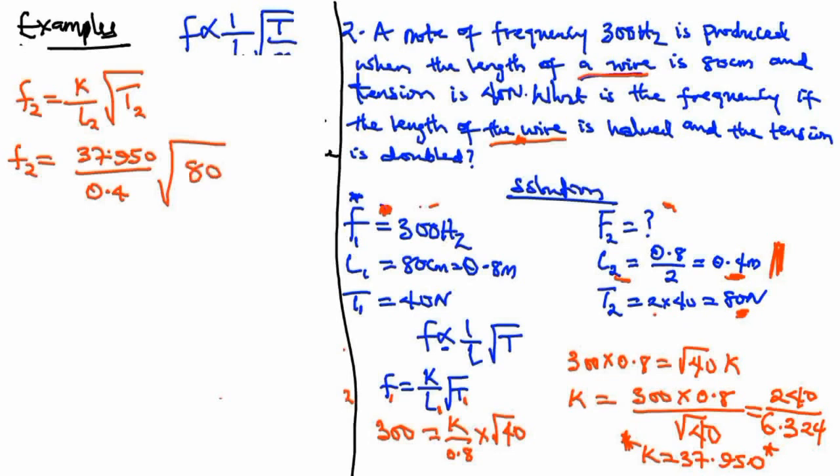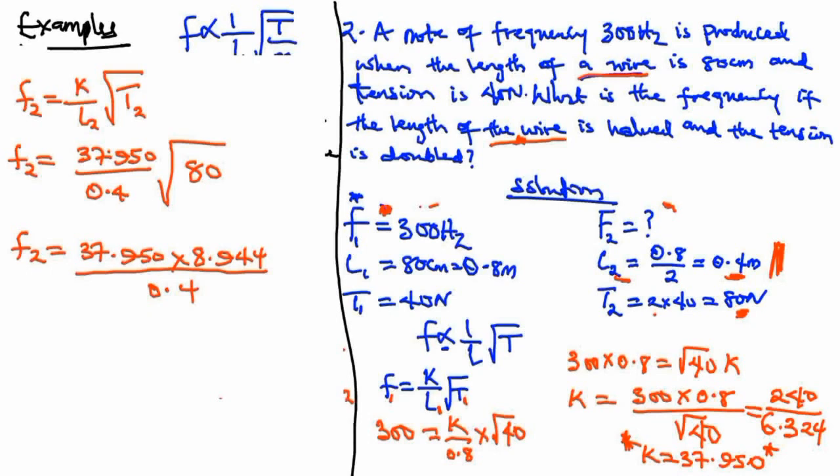So quickly dealing with that, we'll have that F2 is equal to 37.950 times the square root of 80. Square root of 80 is 8.944, divided by 0.4.